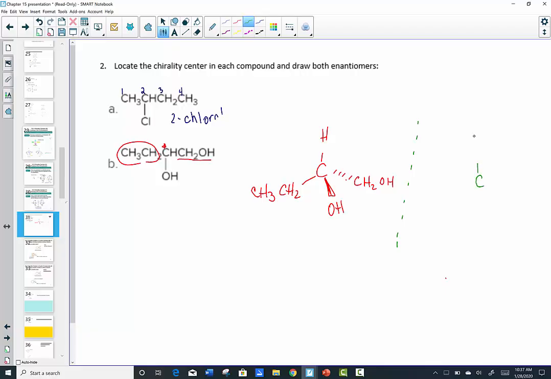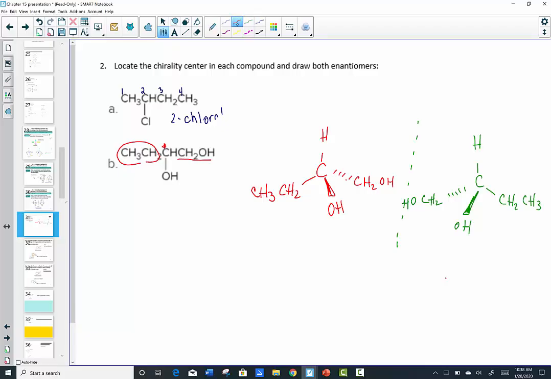Draw its mirror image. The reflection in a mirror would have the hydrogen still in the same plane pointing up. It would have the ethyl group still in the same plane pointing away from the mirror, just as it is on the left. Closest to the mirror would be our CH2OH group. And coming out still as the wedge would be the hydroxyl.